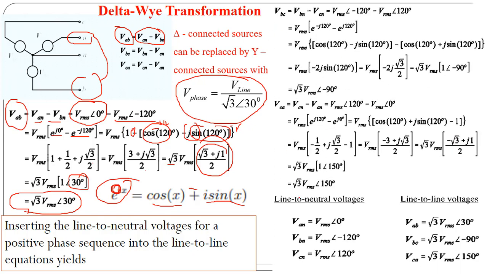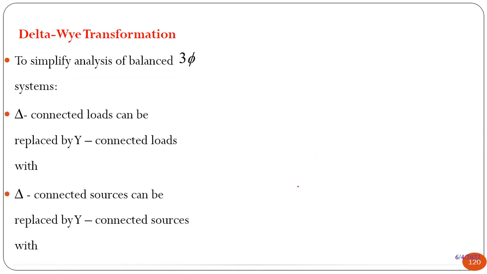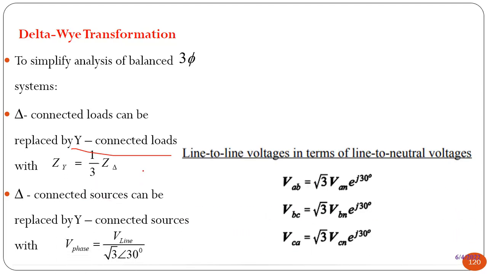In turn, line-to-neutral voltage VAN is VRMS at 0 degrees, and VBN is VRMS at minus 120 degrees, which is shifted by 120 degrees. Then the line-to-line voltage VAB is root 3 times the RMS voltage at 30 degrees, VBC is at minus 90 degrees, and VCA is at 150 degrees. So in the delta-Y transformation, to simplify the analysis of a three-phase system, a delta connected load can be replaced by a star connected load, and delta connected sources can be replaced by Y connected sources like this one.